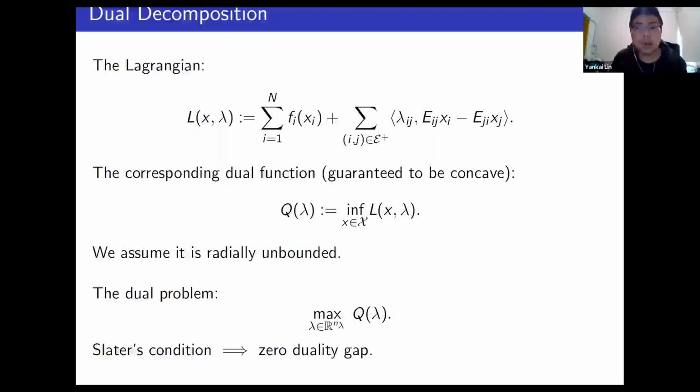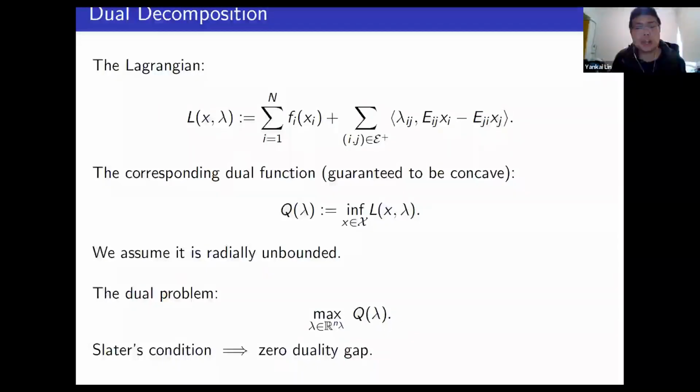We write down this Lagrangian, which is quite standard. The corresponding dual function is obtained by minimizing this Lagrangian with respect to x. Note that this dual function is a function of lambda because you're minimizing over x.